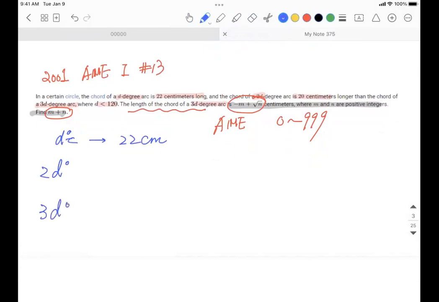The question says the 2d-degree chord is 20 centimeters longer than the chord of 3d degrees. So the 2d-degree chord is longer than the 3d-degree chord, and the difference is 20 centimeters.